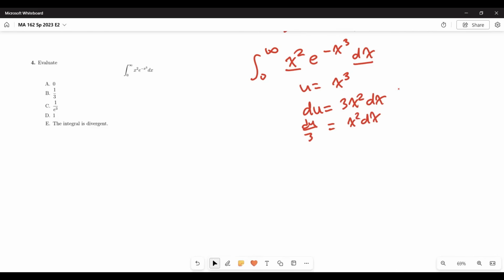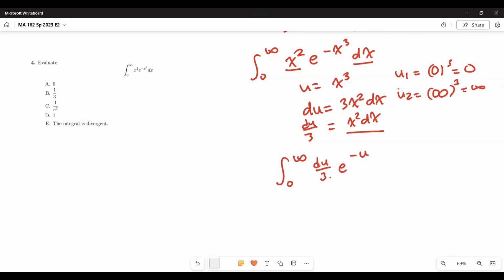Okay, and then let's find the bounds. u1 is 0 cubed, which is 0. u2 is infinity cubed, which is just infinity. So this is from 0 to infinity, and this is du over 3 times e to the minus u, right?